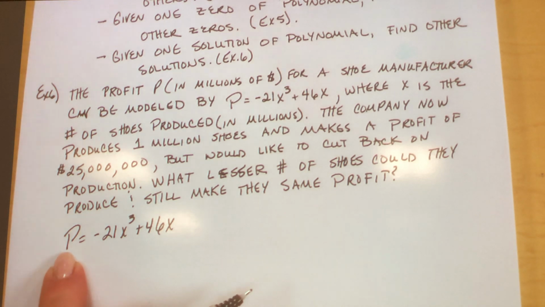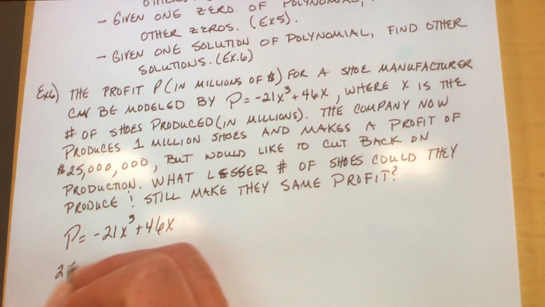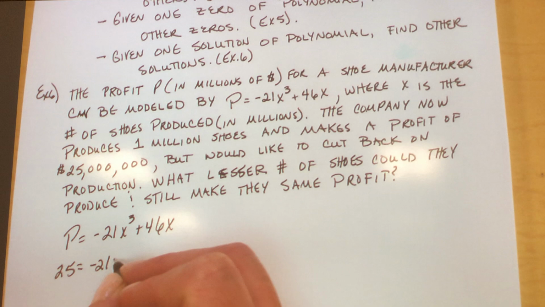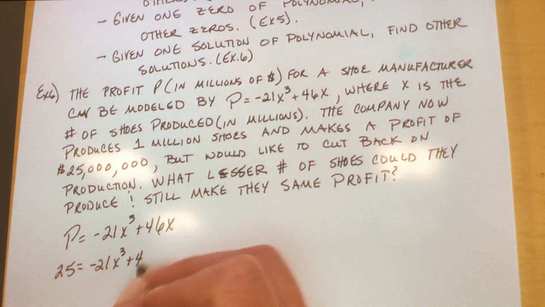So what do I put in for P? 25, because if you put in 25 million, you're saying that you're making 25 million times a million, that's 12 zeros, not 6. So 25 is equal to negative 21 x to the third plus 46x.